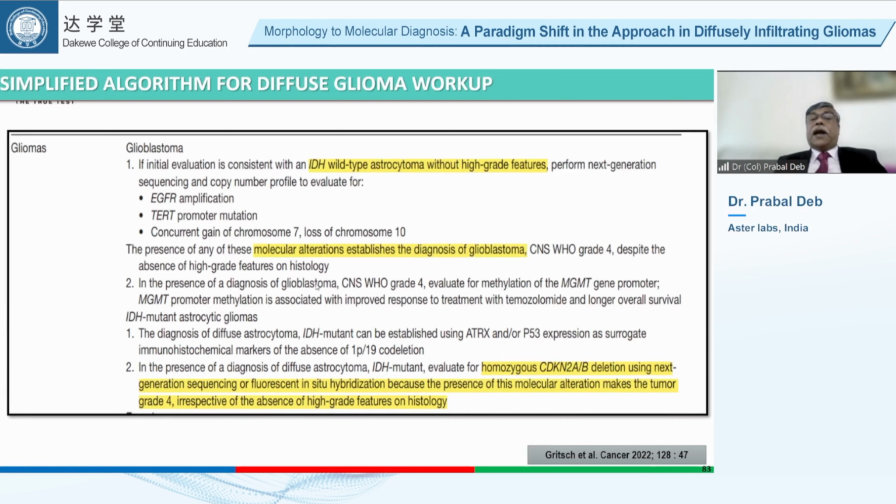And in the presence of a diagnosis of glioblastoma WHO grade 4, evaluate for MGMT gene promoter methylation, because temozolomide is a very strong treatment modality that we have today.